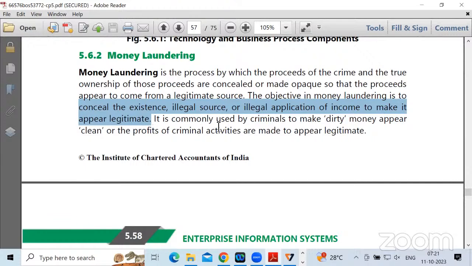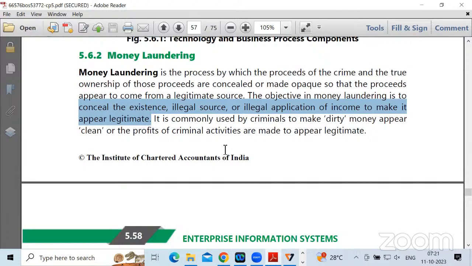After some time, the original value becomes, as I said, more than 80 or 90 lakhs. So after 1 year or 2 years, you try to sell it to some other person. The buyer who is buying the land from you will make the payment, so you receive it in the bank. Now you show it to the income tax department.